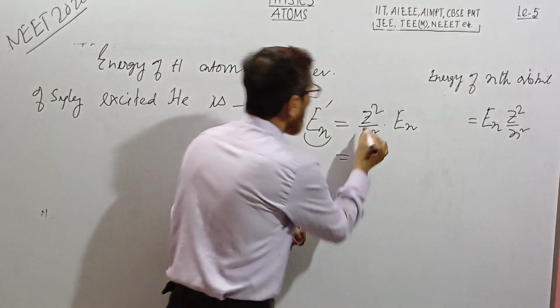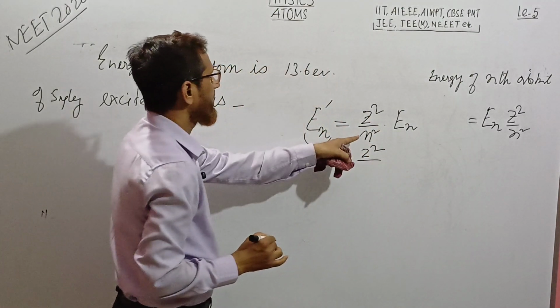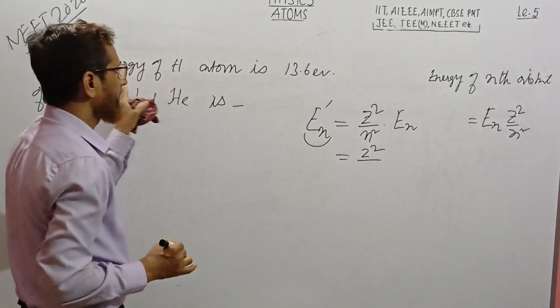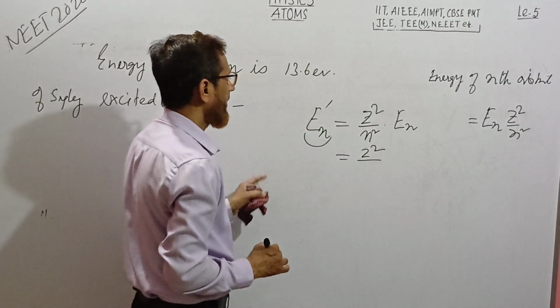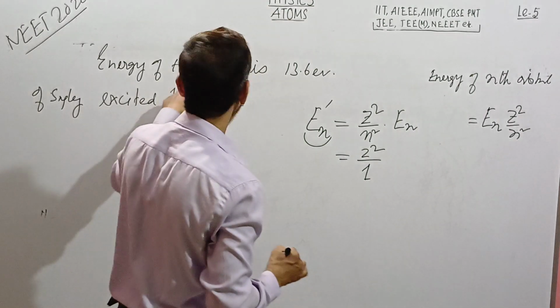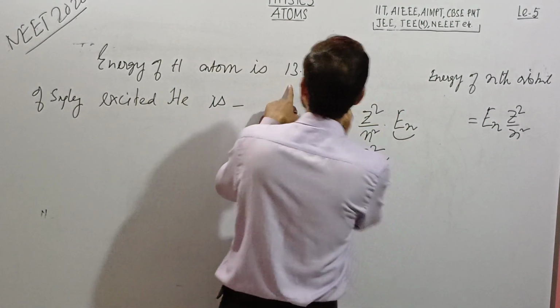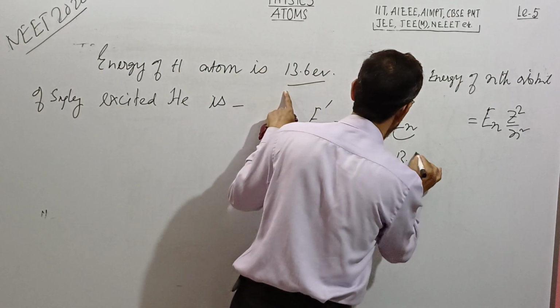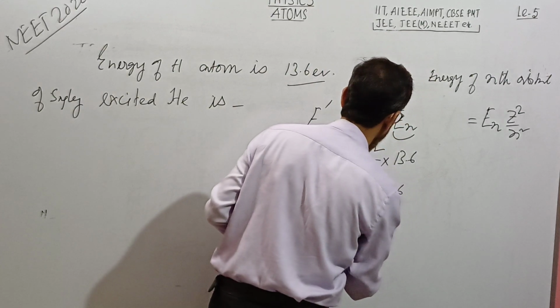Am I right? So what is the atomic number of helium? Z is equal to 2, and since it is for hydrogen atom, n is equal to 1, and this energy is given as 13.6. It is equal to 4 into 13.6. You multiply.